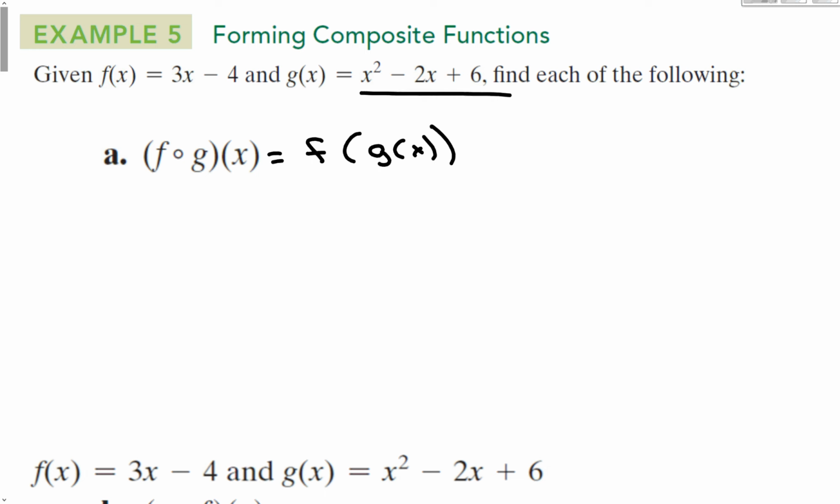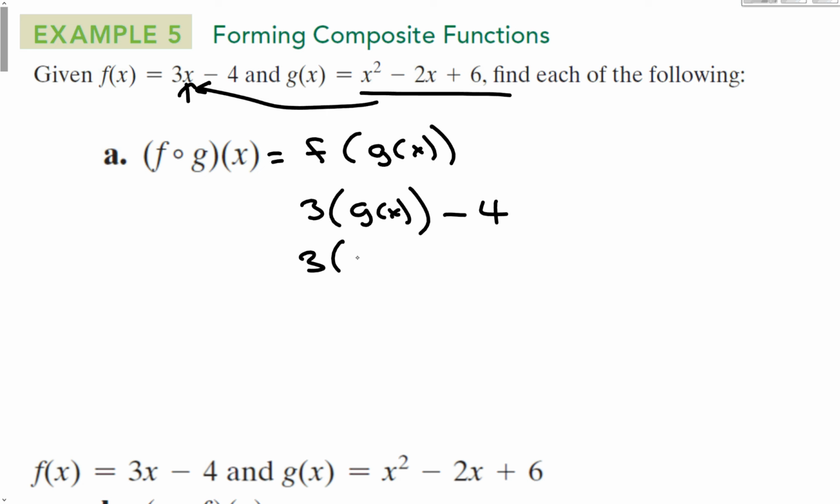Basically, we're saying that instead of x, my new input becomes g of x. So it's 3 times g of x minus 4. Well, g of x is a whole function, so it becomes 3 times x squared minus 2x plus 6 minus 4.